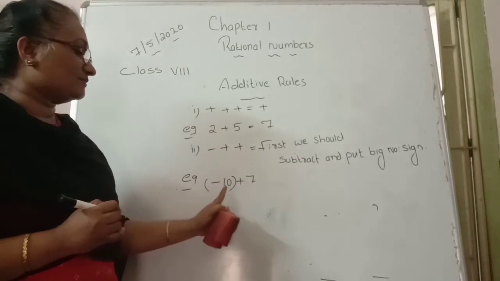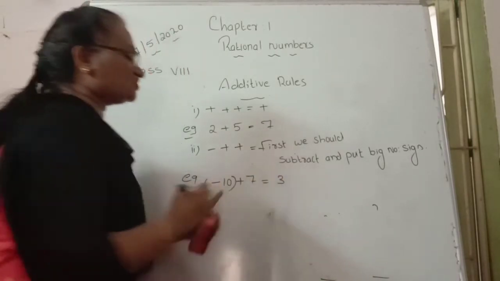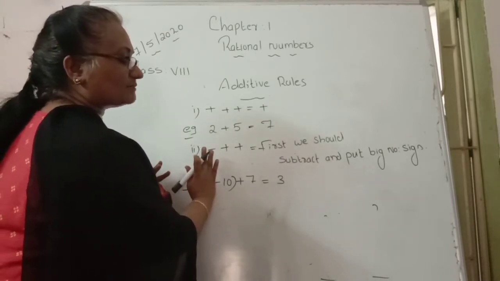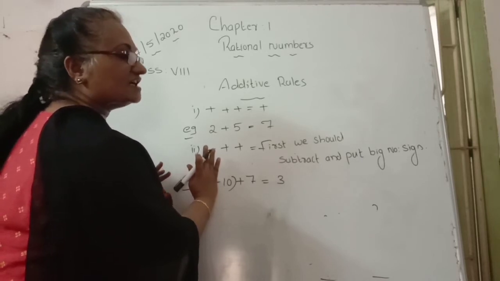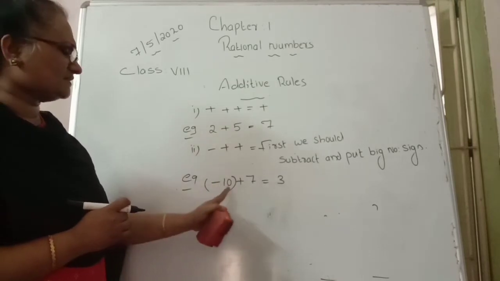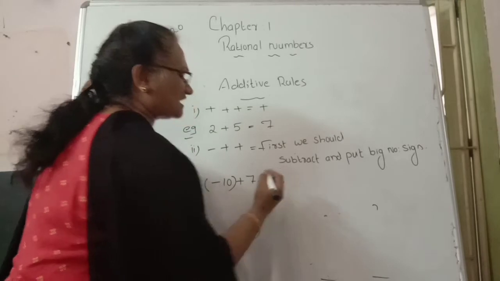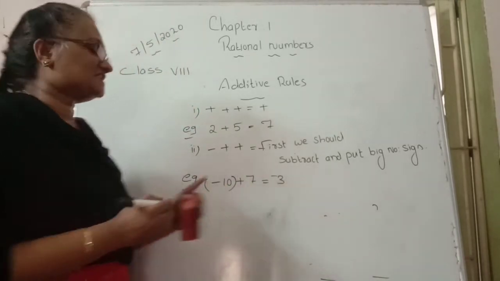So 10 minus 7 comes to 3. Which is the bigger number, 10 or 7? We know that 10 is greater than 7. Then look at the symbol. The symbol of 10 is negative, so we mark 3 as minus 3. So the answer is minus 3.